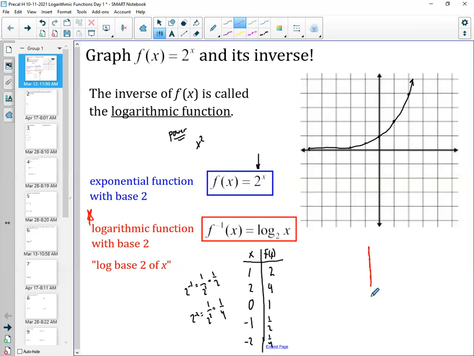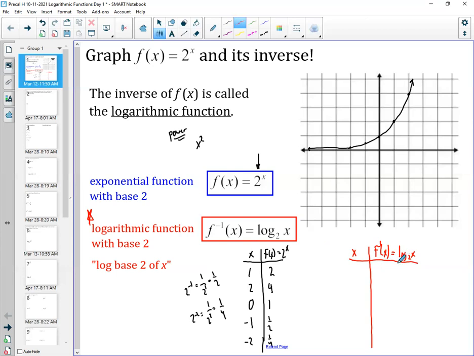Just as a very brief preview of the graph, this function f of x here was 2 to the x. If I want to think about log, this is called log base 2 of x. So you're like, what the hell is this log thing?